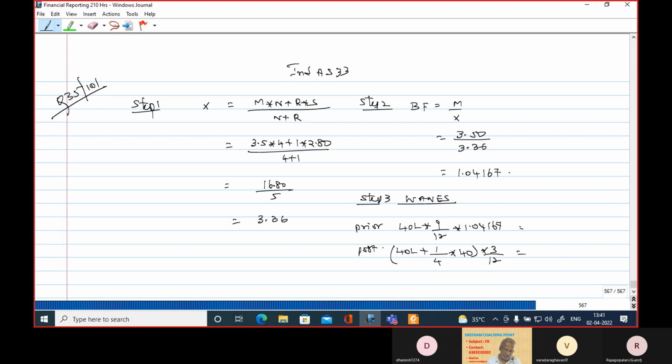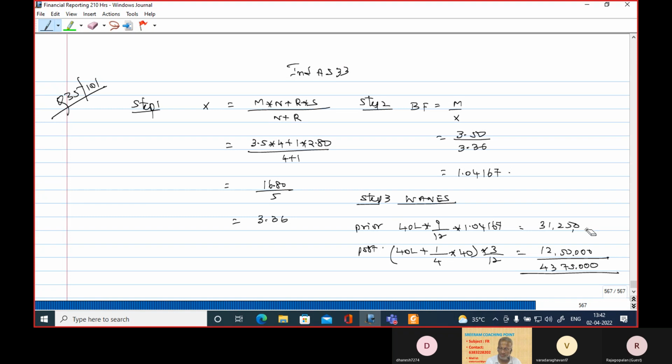40 lakhs into 9 by 12 into 1.04167 is 31 lakhs 25,010. 50 lakhs into 3 by 12 is 12 lakhs 50,000. Total is 43 lakhs 75,000.